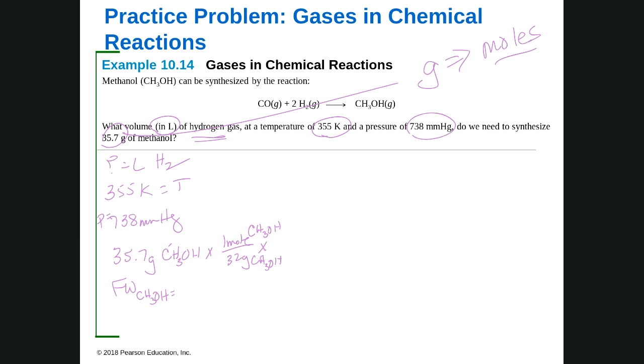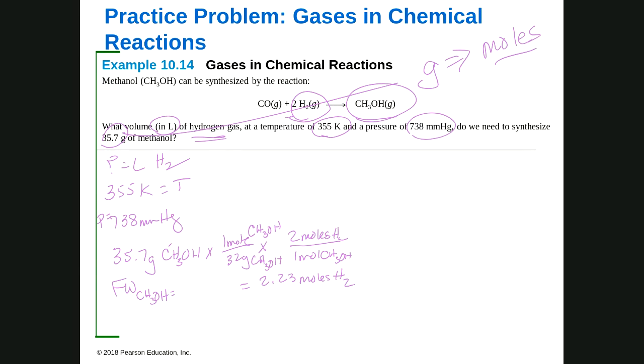So what do I have to do? I have to convert it to the hydrogen using the what? The molar ratio. Remember that? So I have 2 moles of hydrogen for every 1 mole of CH3OH. So that's going to give me 2.23 moles of H2.